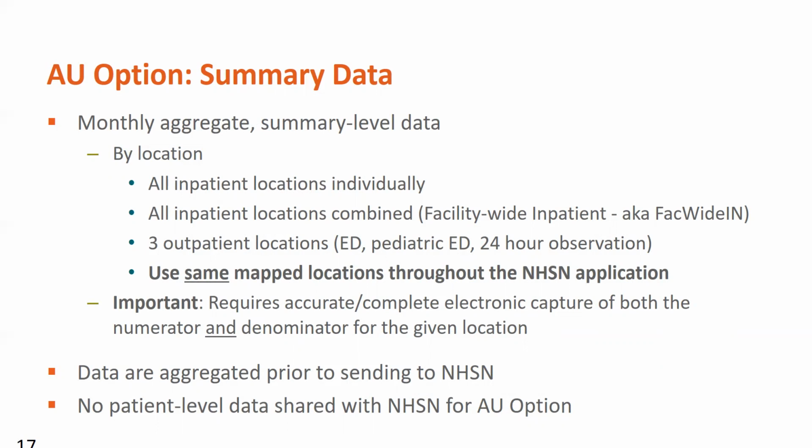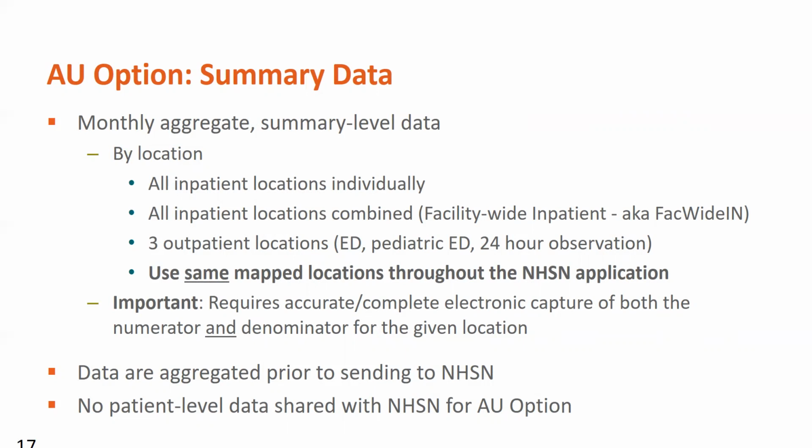That means since we don't have patient-level data, we do not get dose, duration, or indication. So we don't actually know what the antimicrobials are being given for, or how many days they got the drug for, or the dose they got it for, or who prescribed the drug. It's all summed up just by the patient care location level.